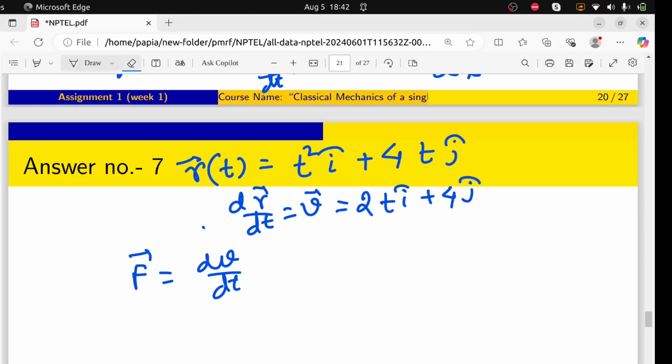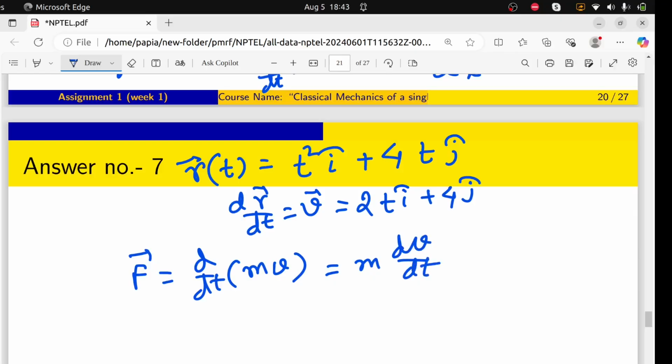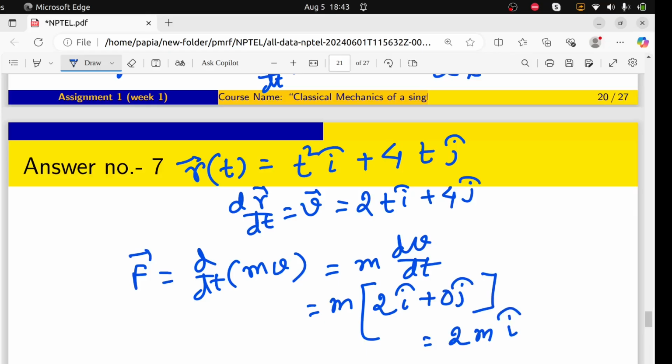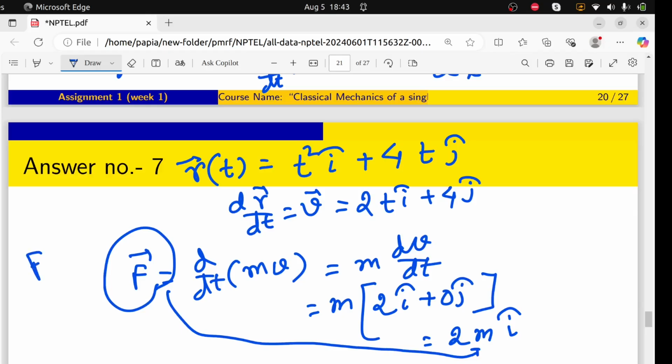Force is d dt of mv, and if I take m as a constant value, then m dv dt is 2 I cap plus 0 j cap, so I can write 2m I cap. That means you can see our force is acting only in the x-axis, so I have Fx only.